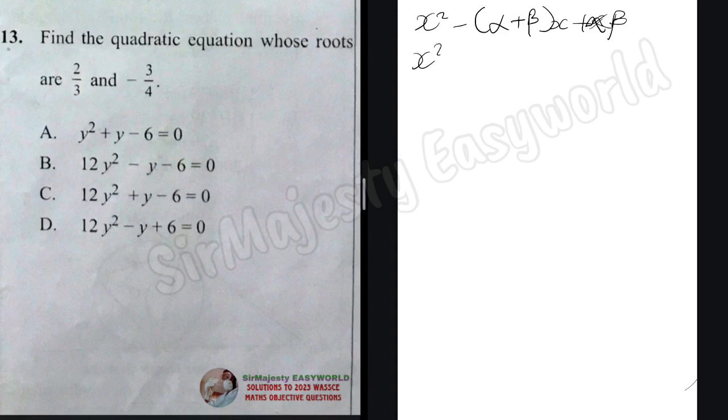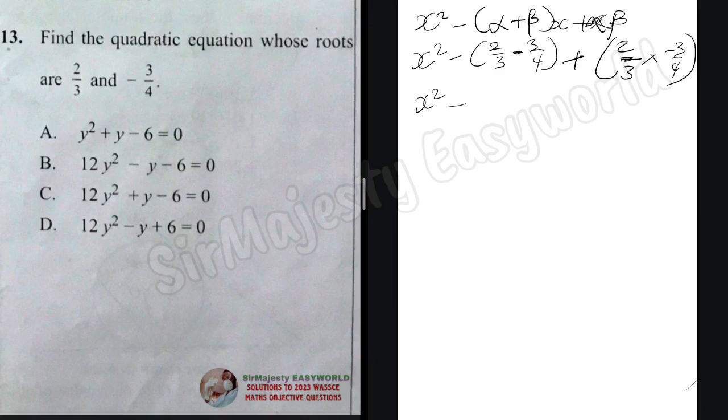This will be x squared minus, adding both of them together, 2/3 minus 3/4. If you wonder why we do not put plus 3/4 here, plus and minus give us minus. Plus, this is 2/3 times minus 3/4.